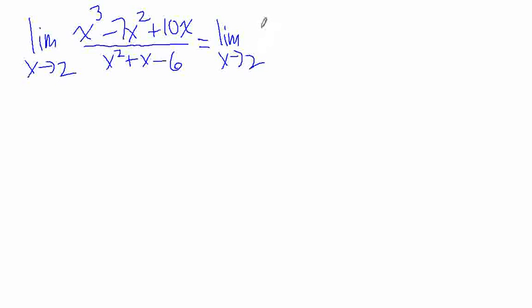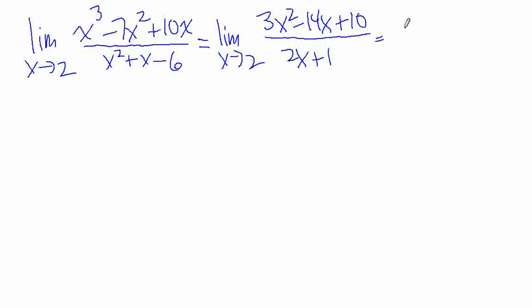So the derivative of the top is 3x squared minus 14x plus 10. The derivative of the bottom is 2x plus 1. Now we do not have a 0 over 0 situation. It's continuous at x equal to 2. Hallelujah. So we just plug in 2.